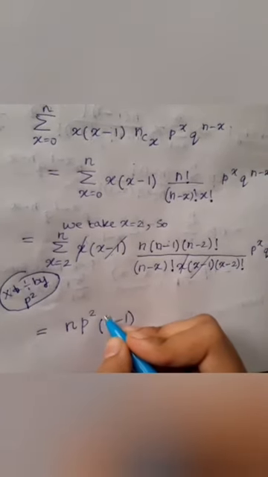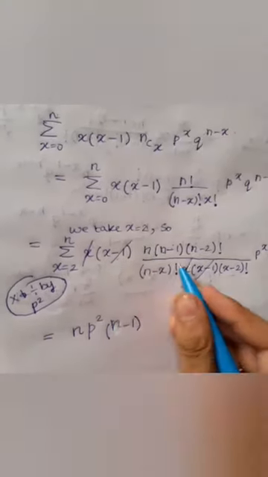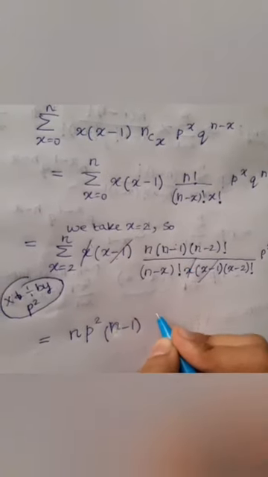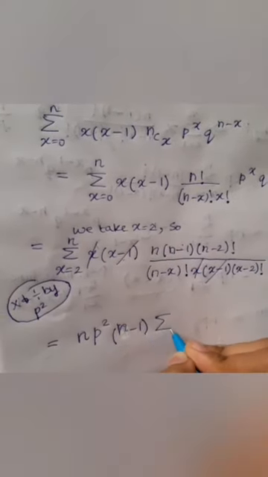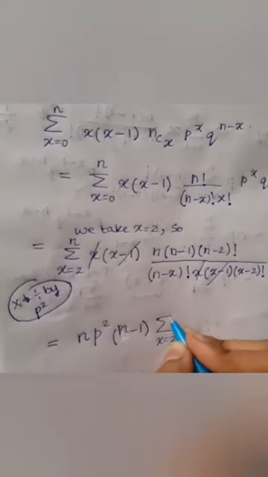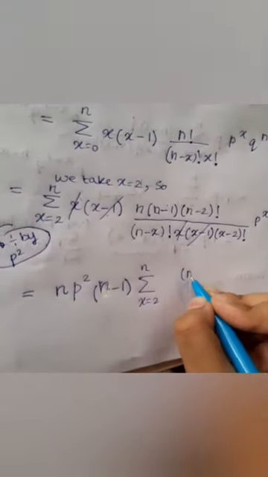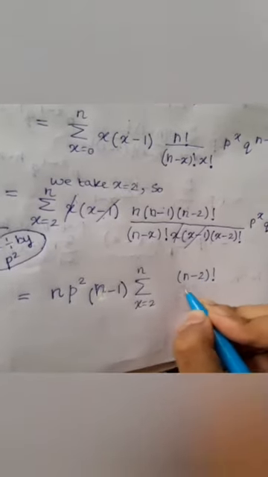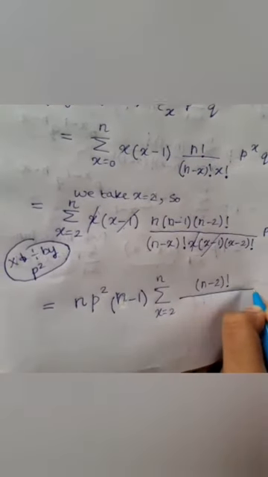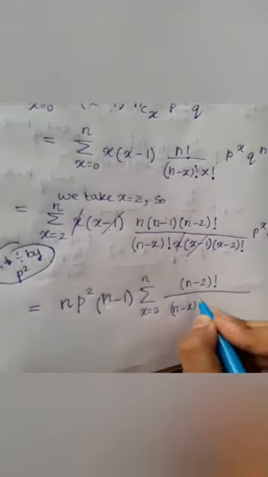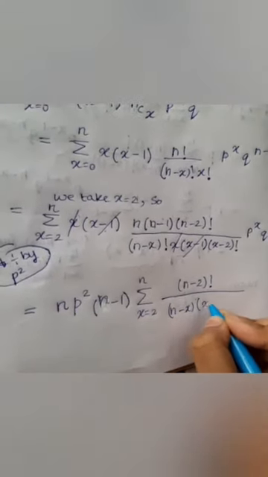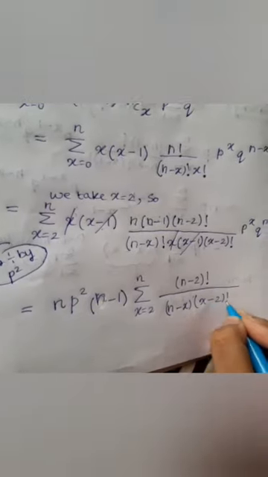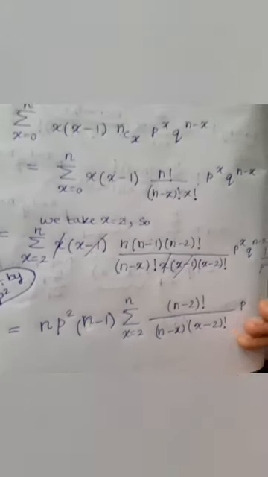We write n minus 1, then the numerator and denominator as it is. Summation x is equal to 2 to n, n minus 2 factorial divided by n minus x factorial, x minus 2 factorial.